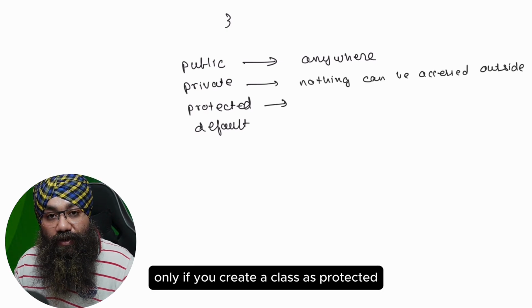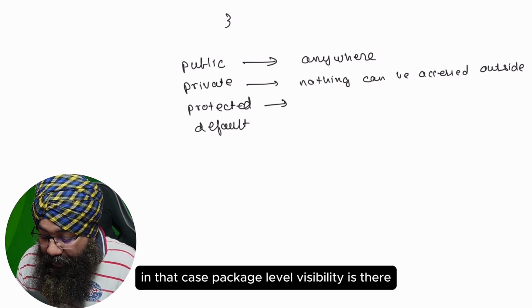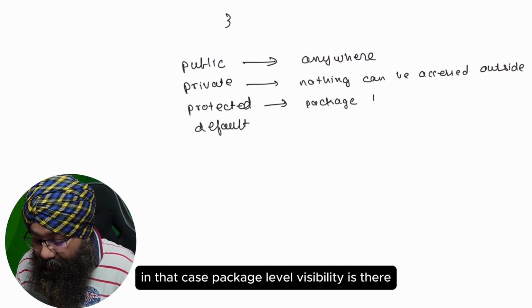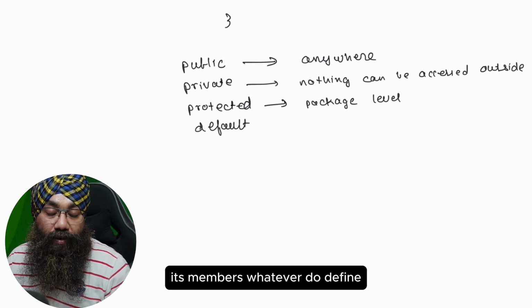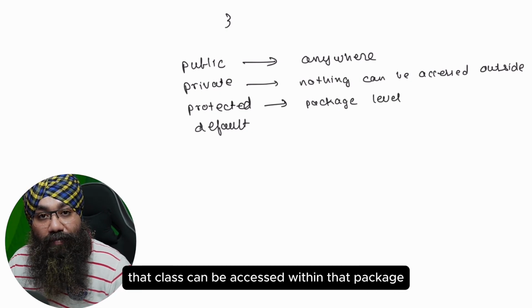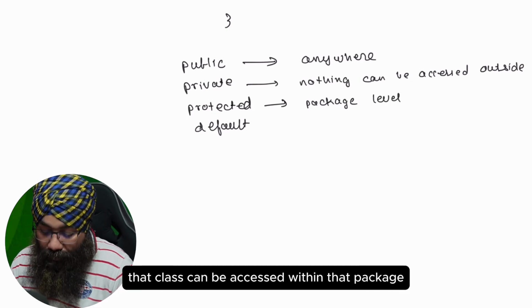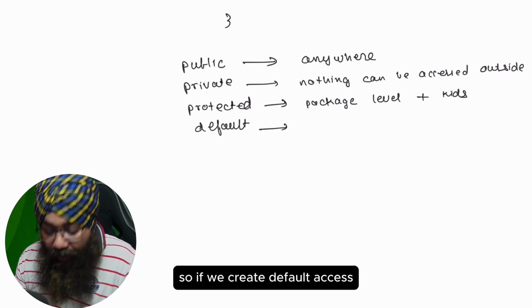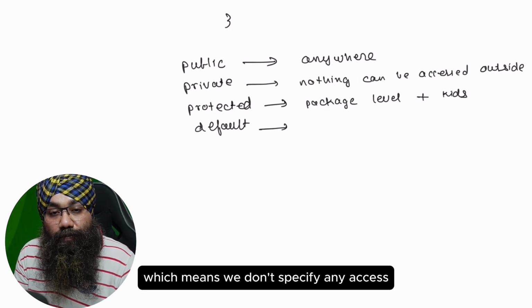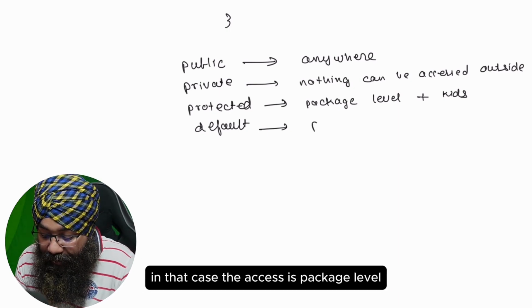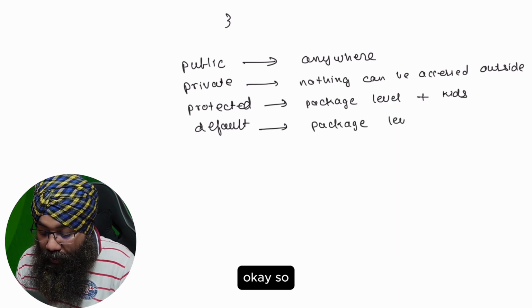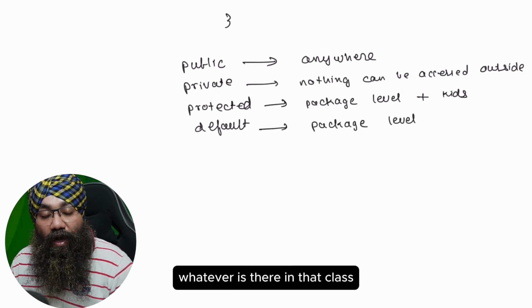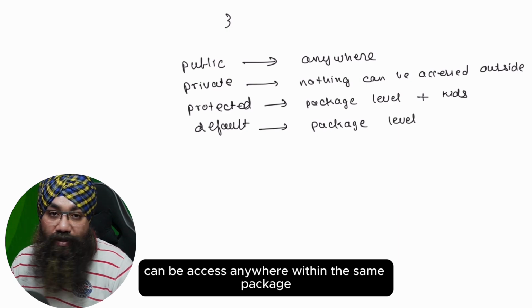If you create a class as protected, package level visibility is there, so its members can be accessed within the package. If we create default access, which means we don't specify any access, the access is package level, so whatever is there in that class can be accessed anywhere within the same package.